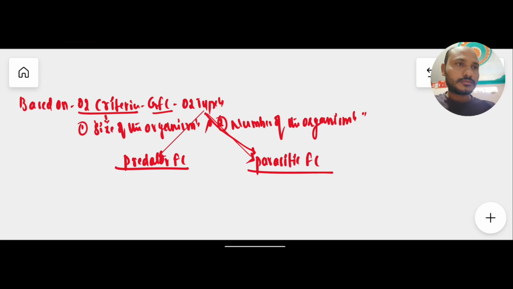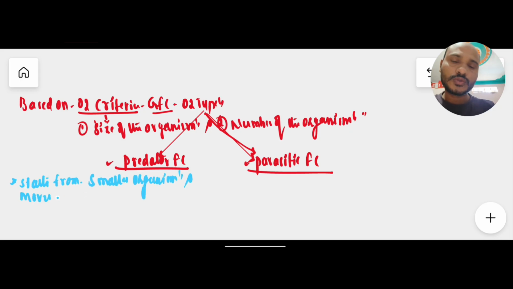A very important point here: predator food chains generally start from smaller organisms and move towards larger organisms. So this predator food chain starts from smaller organisms and moves towards larger organisms.